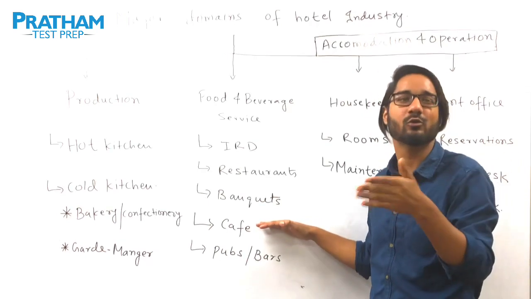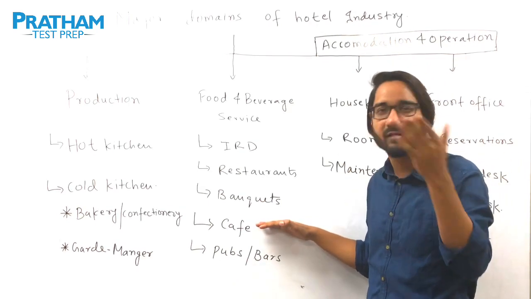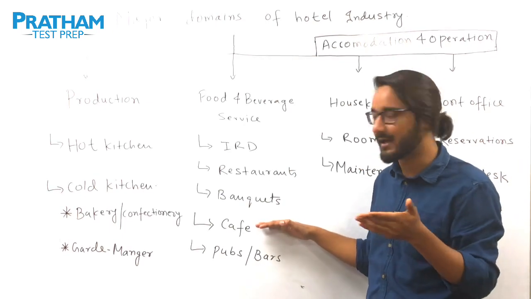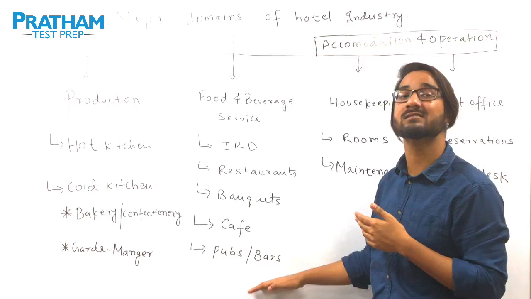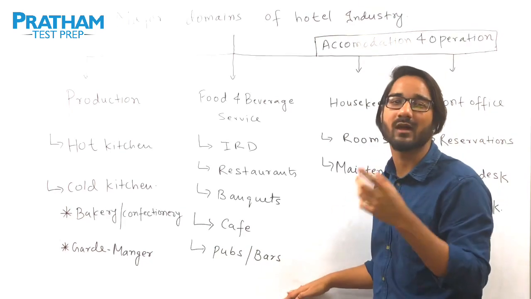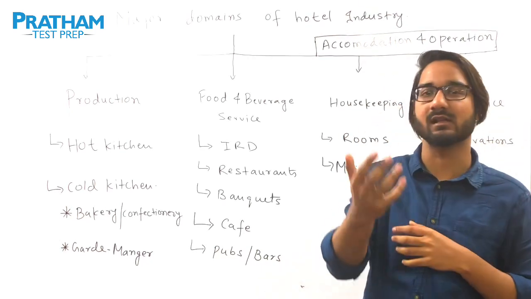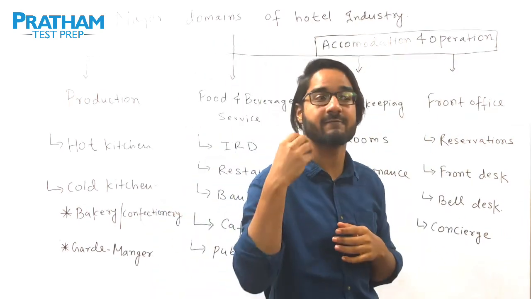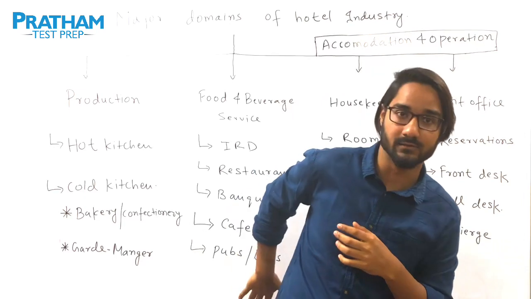Various properties tend to keep it open for 24 hours, some keep it closed during the night. And the last would be your pubs, bars, discotheques and all, where they serve your mocktails, cocktails, and your famous flair bartending takes place here.